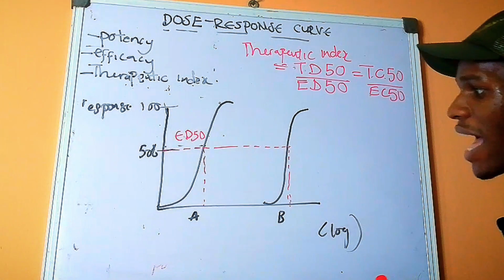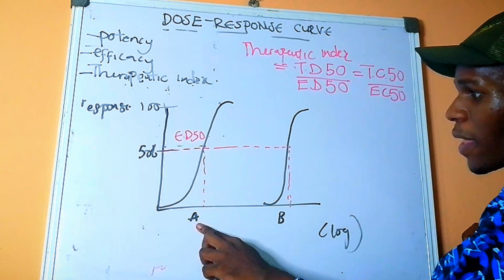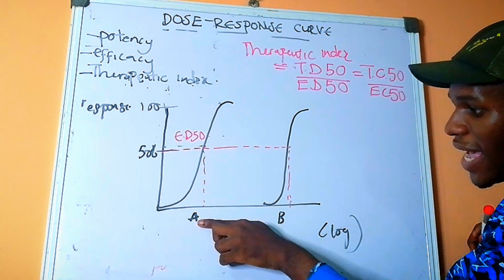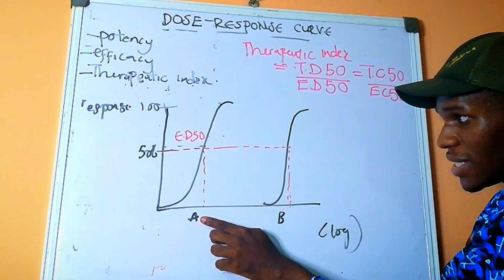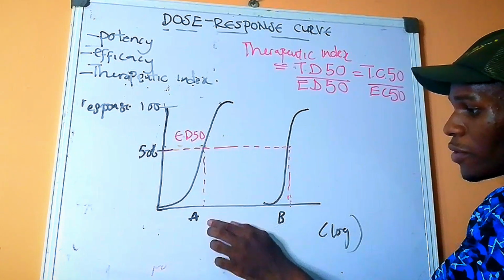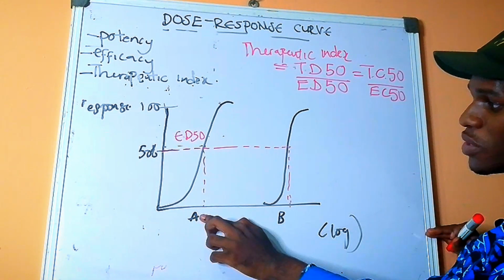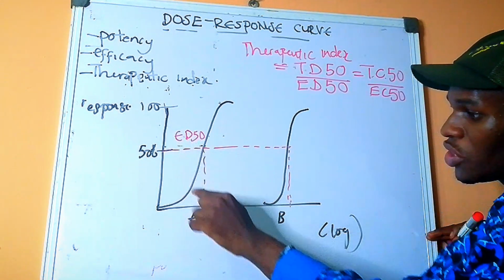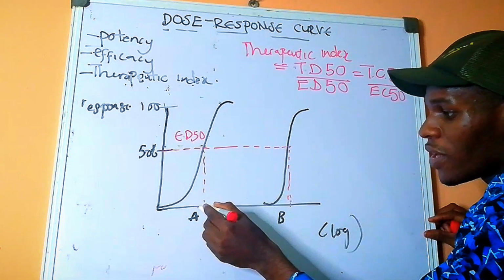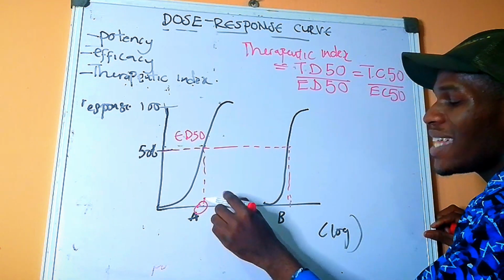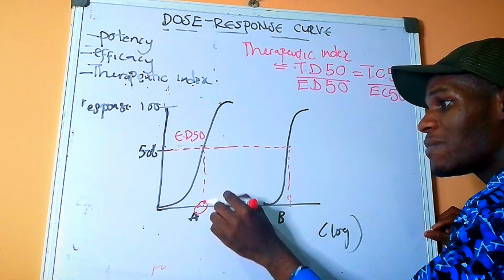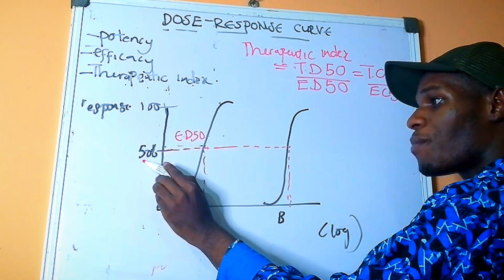So now, if I look at this particular graph, I can see that at dose A, a lower dose, which is more potent in this sigmoid curve, I have ED50, the concentration of a drug that can produce a therapeutic or beneficial response in 50% of the population.